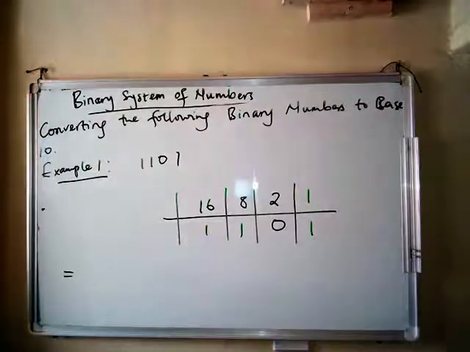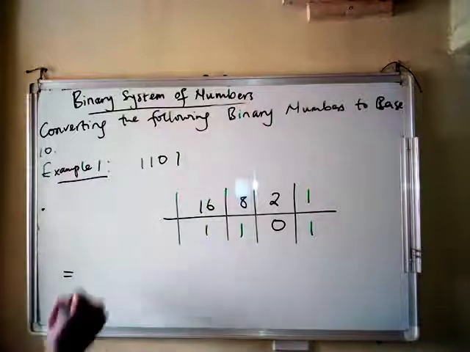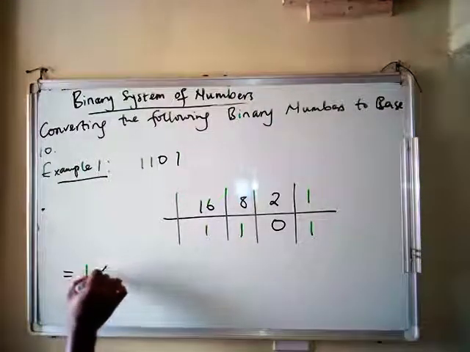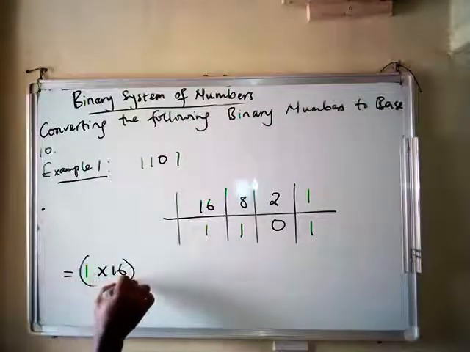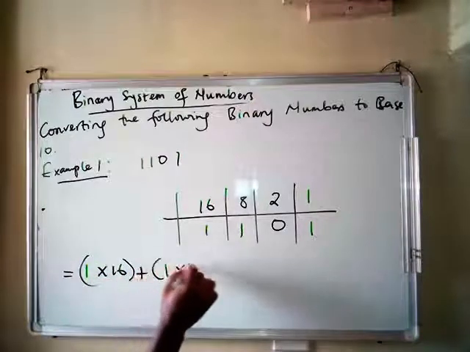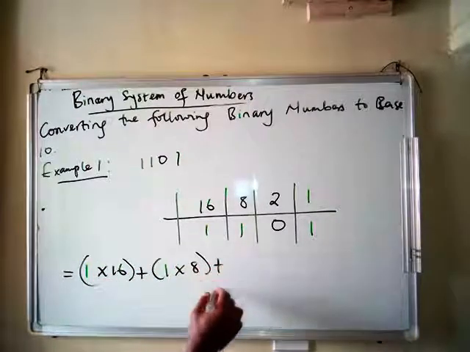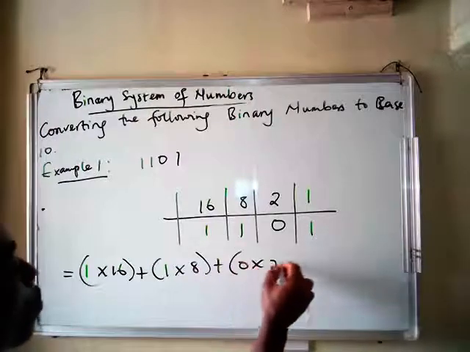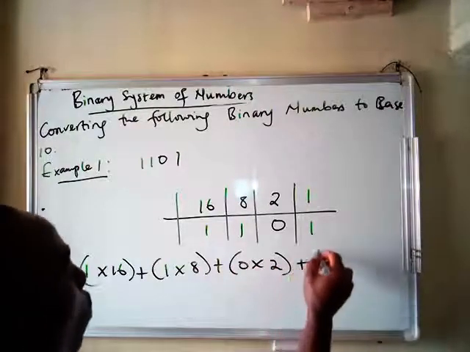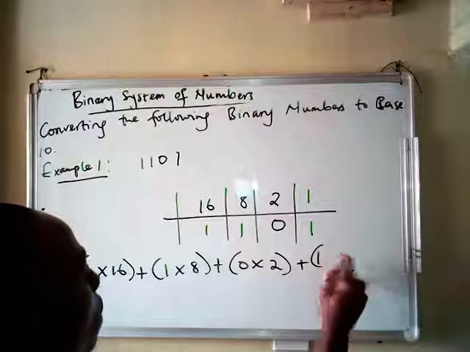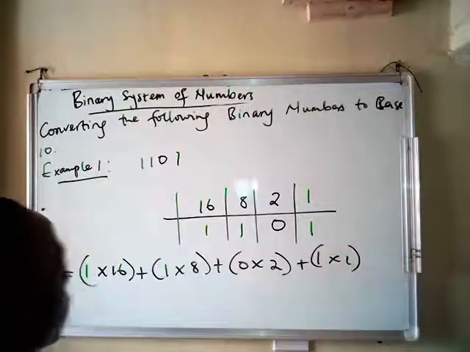So let's look at the first example that we have. Let's say we want to find something like 1101. Let's use the tables.